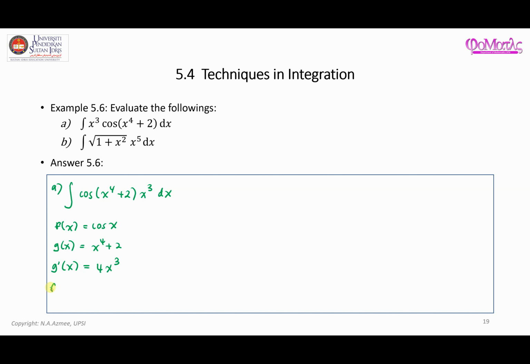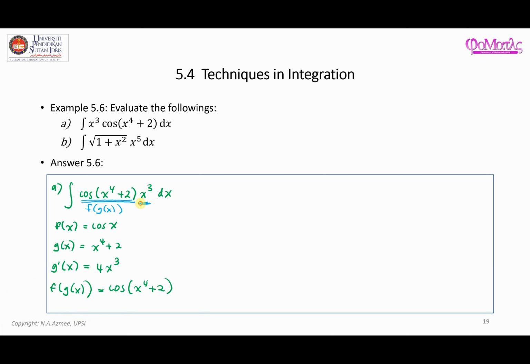If you have f(g(x)), that is just taking x to the power of 4 plus 2 into f(x), so that will be cos of x to the power of 4 plus 2. So I hope you can see that this one is f composed g of x.